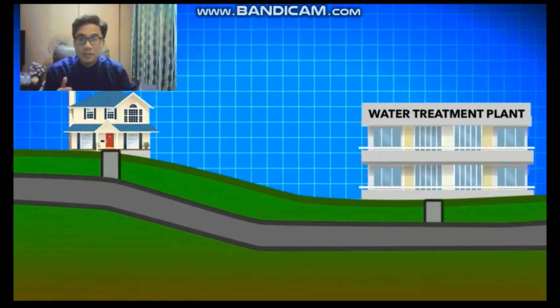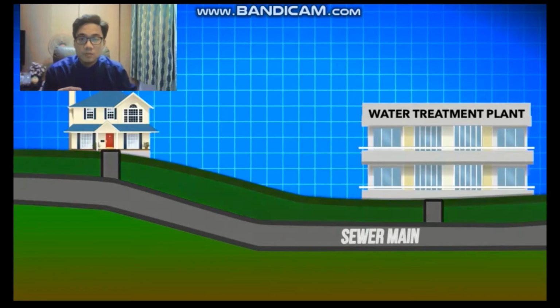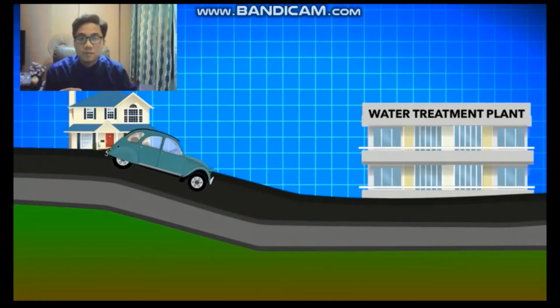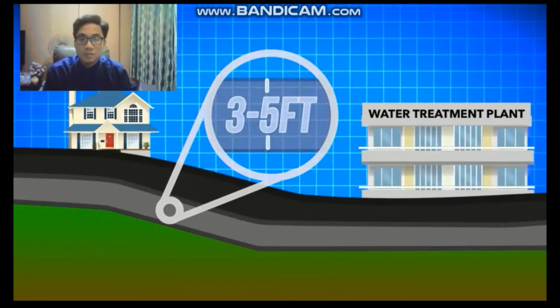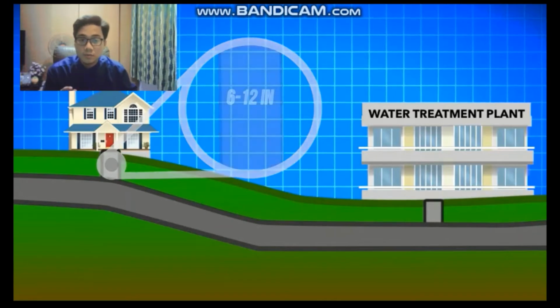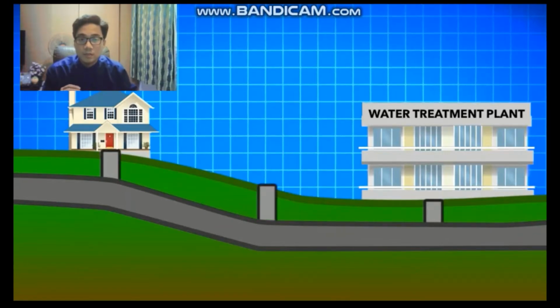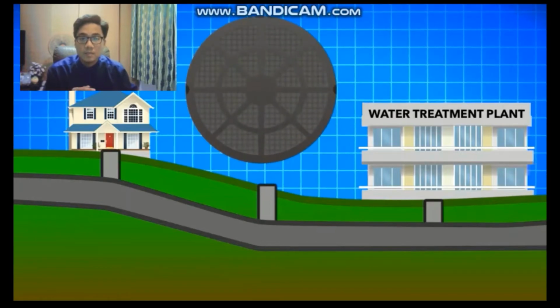In an ideal system, pipes from each house or building flow into a sewer main that usually runs alongside or underneath a road. A sewer main in a large area is usually 3 to 5 feet in diameter, with pipes from each house being about 6 to 12 inches in diameter. On average, along every sewer main there are predictably vertical pipes that meet the ground at a manhole.